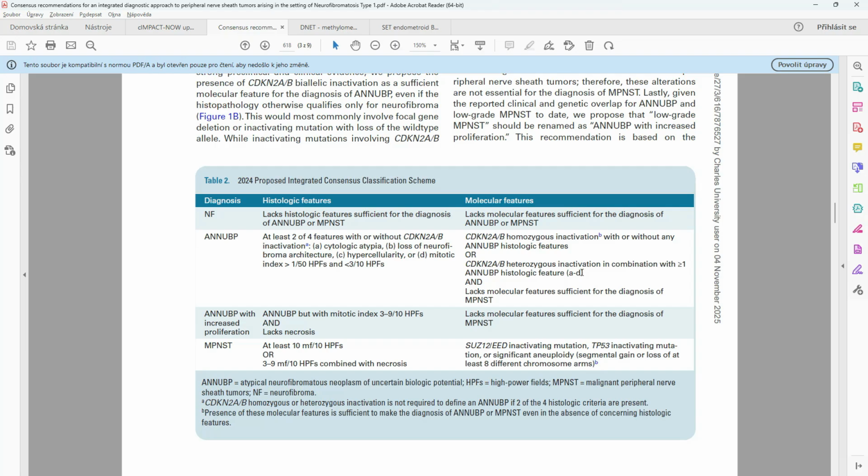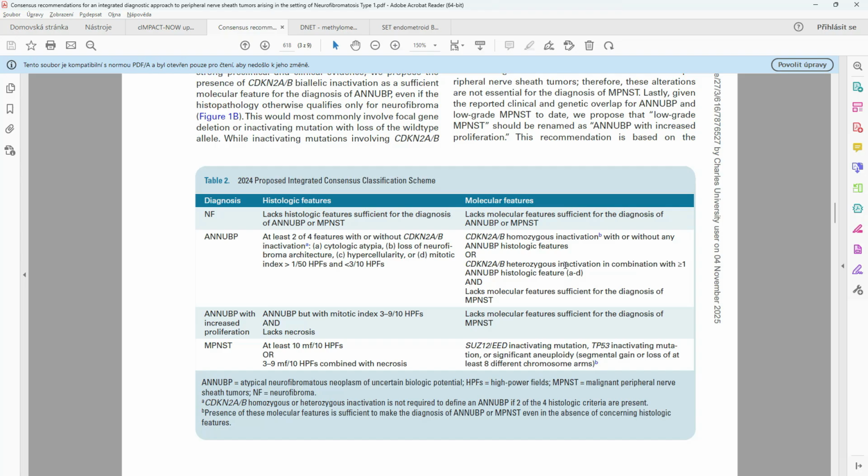You don't see this transformation from the lower grade areas. I think an important addition to these classifications is inclusion of the molecular techniques, because nowadays they frequently only biopsy the tumor in an NF1 patient, and it's important to do the molecular studies on these small biopsies to avoid false categorization of the tumor, either benign or malignant.